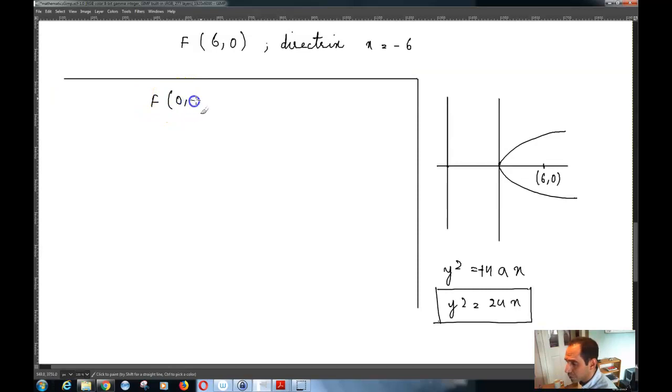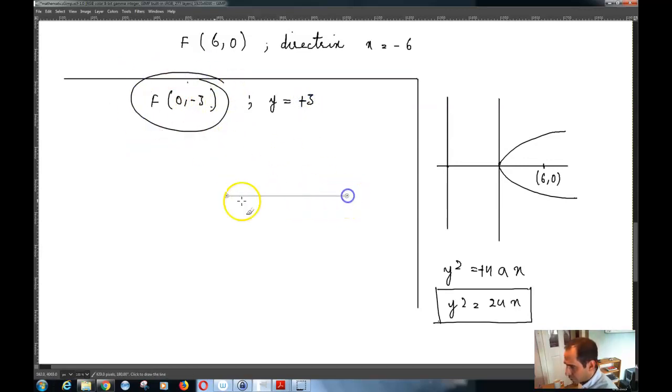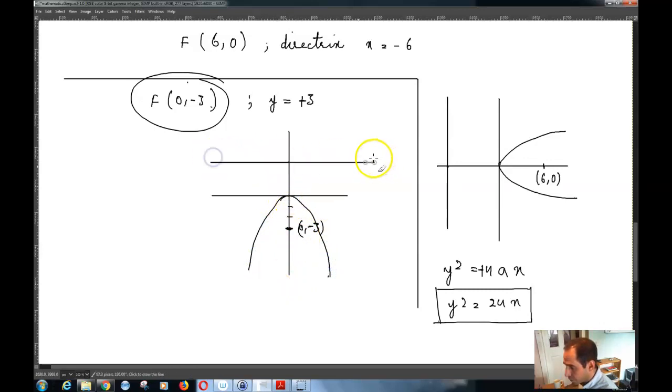Question number 8 is, for example, you have your focus at 0, negative 3, and your directrix as y is equal to positive 3. So even again this would be enough, since I know that my focus is at 0, negative 3 over here. What that means is that my parabola opens this way downwards, and my directrix is going to be over here, y is equal to 3.